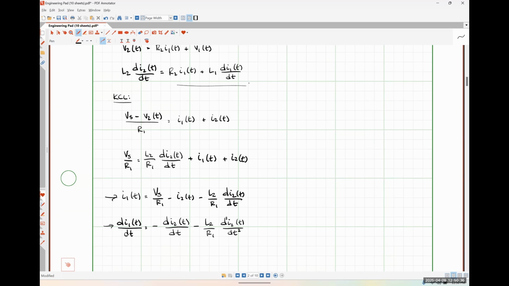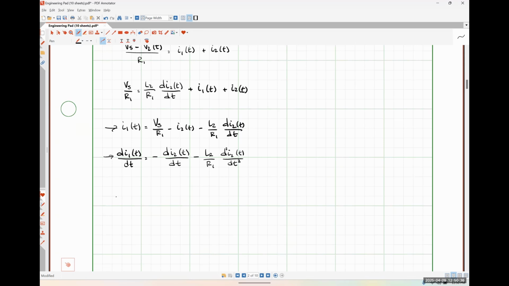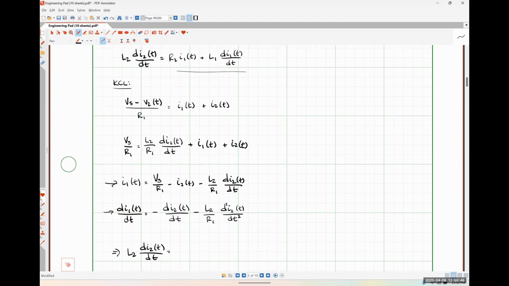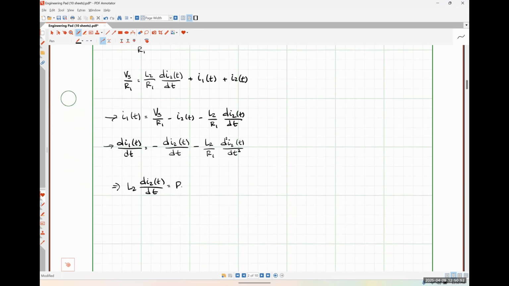Okay. So that'll give me L2 di2 by dt is equal to, let me just scroll up here, R2 times I1, where I1 is Vs over R1 minus I2 minus L2 over R1 times the derivative of I2.